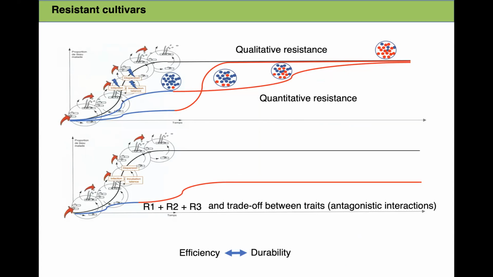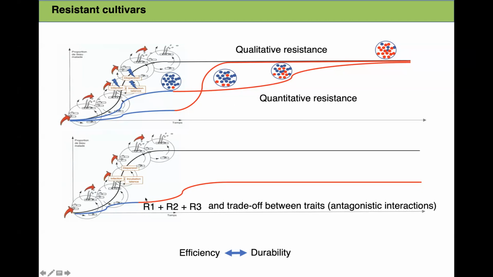So these results raise the question about the durability of resistance. And we can see here that in the case of banana, even if it can take more time than with qualitative resistance, quantitative resistance, such as we have in the FIA 18 hybrids, can be progressively eroded. And we think that by combining different resistance mechanisms, it will be possible to limit pathogen adaptation if there are trade-offs between traits or antagonistic interactions.